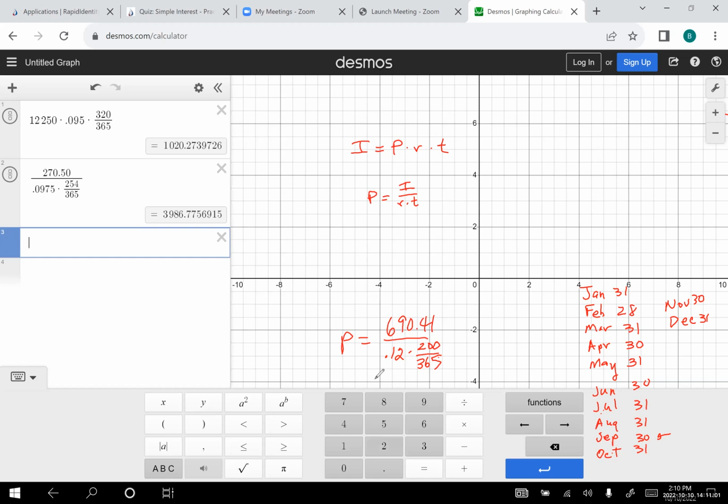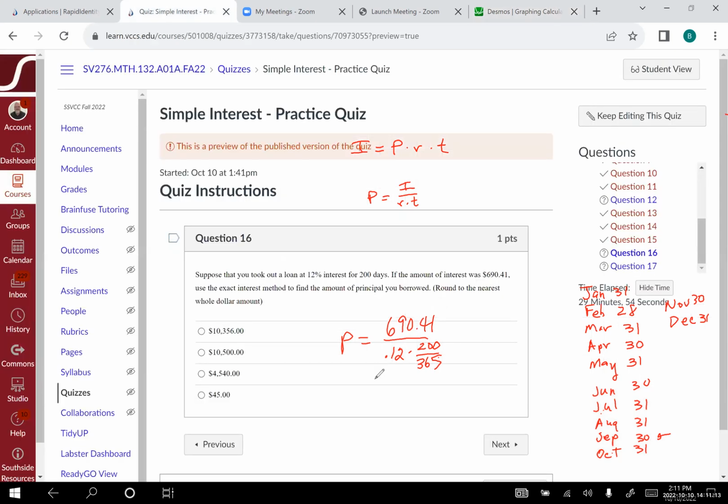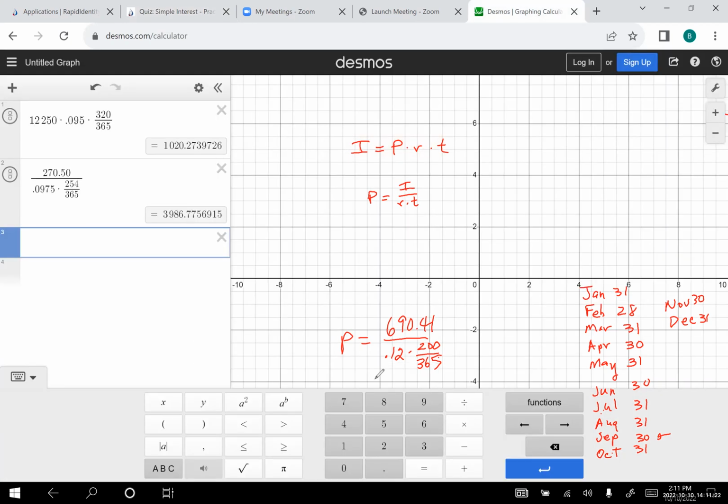This is question 16. $690.41 divided by the interest rate 0.12 times the time with the exact method, 200 days out of a 365-day year.